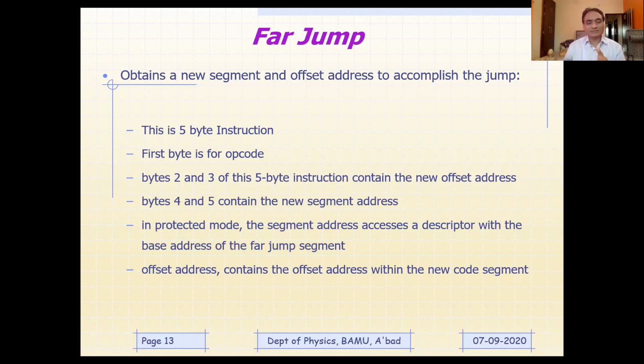Okay, 16 bit, and the second 16 bit, byte 4 and 5, contains the new segment address, because you will like to jump from code segment to data segment, or code segment to extra segment, or code segment to stack segment.